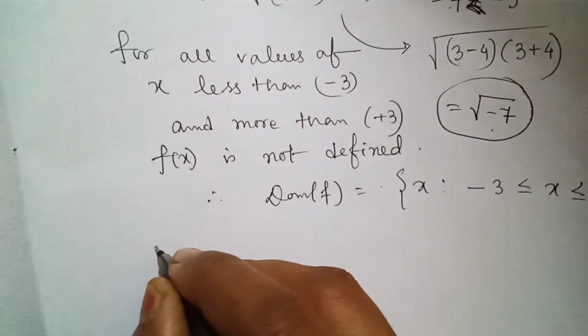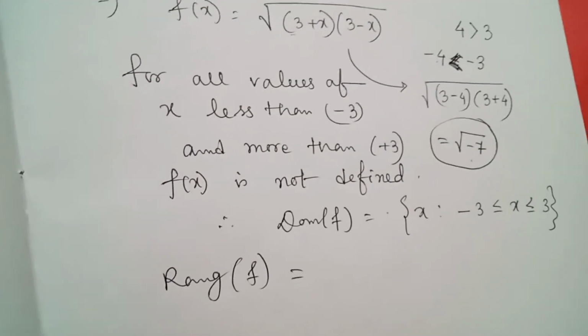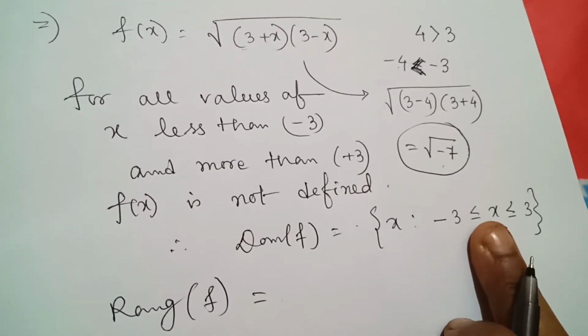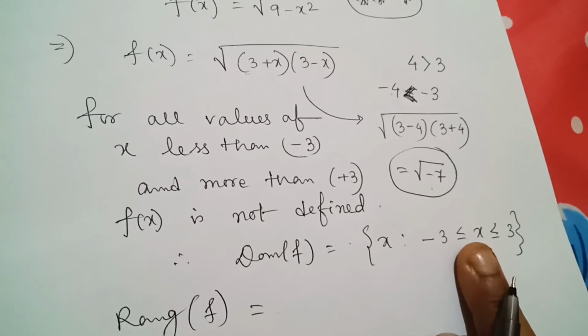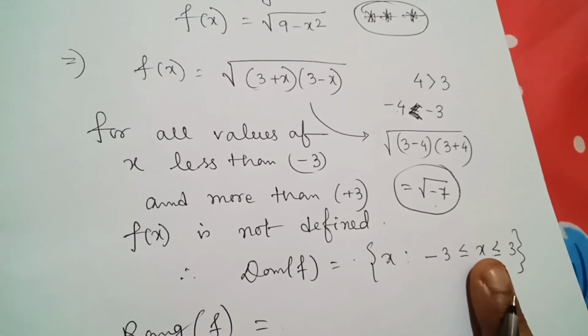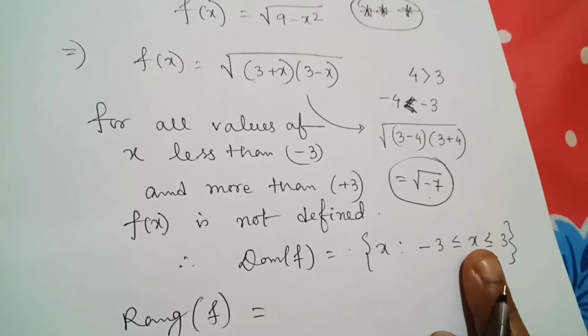Then the range. Now the range of f is very simple. Because this is the definite domain, we have to take numbers from the domain. Say I am taking -2.